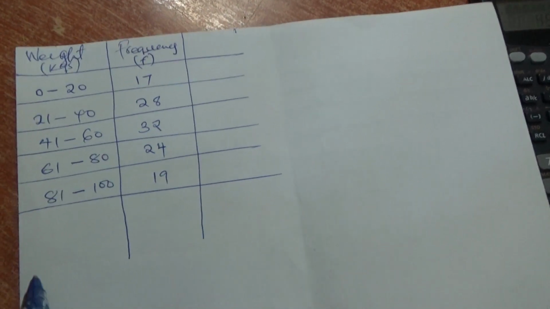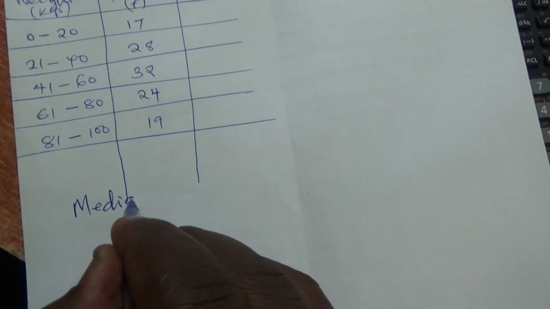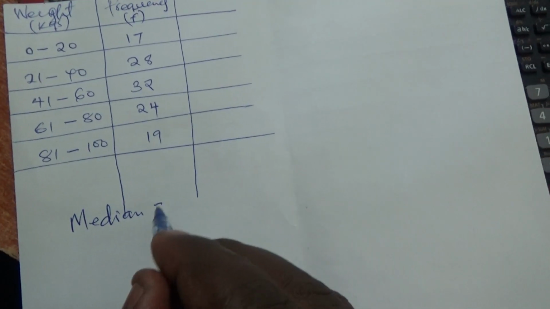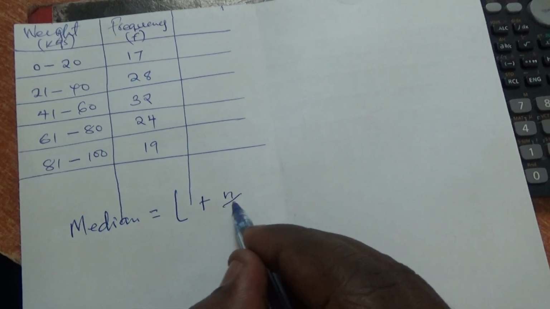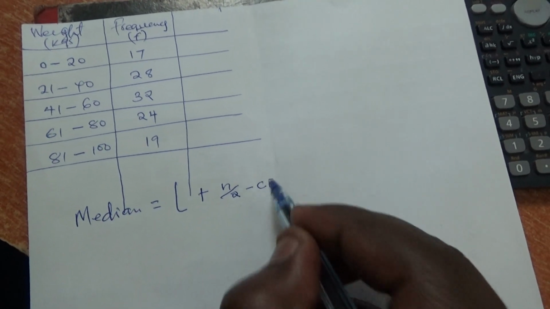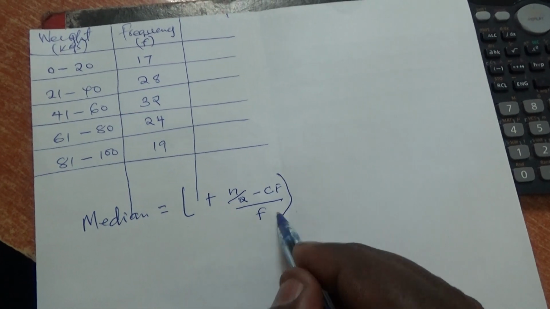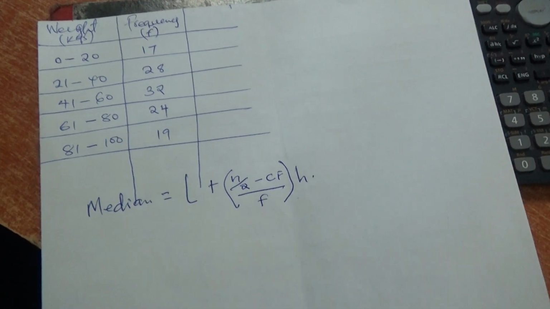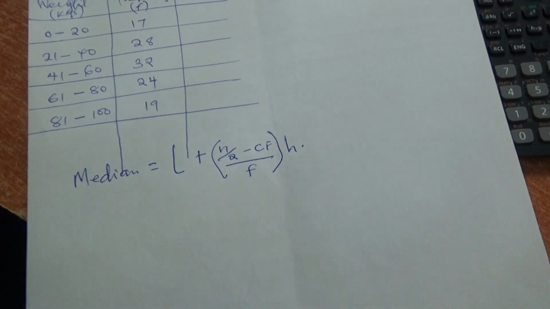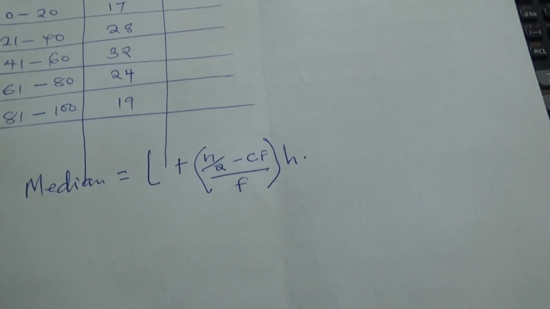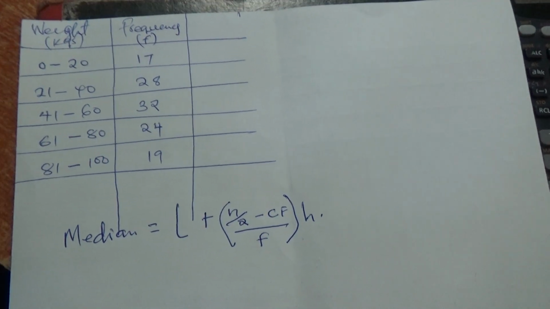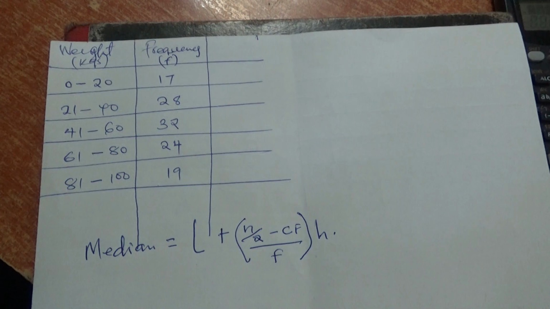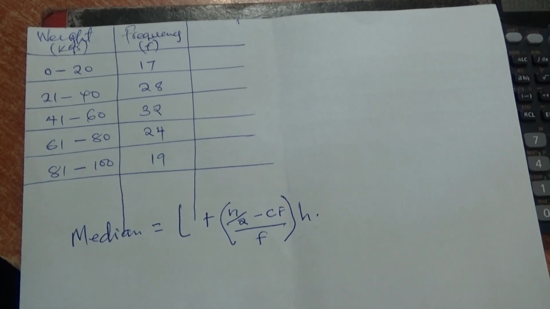So the formula for finding the median is L plus (N over 2 minus CF) over F, times H. This is a formula that you must master in your brain before you attempt this kind of question in mathematics.